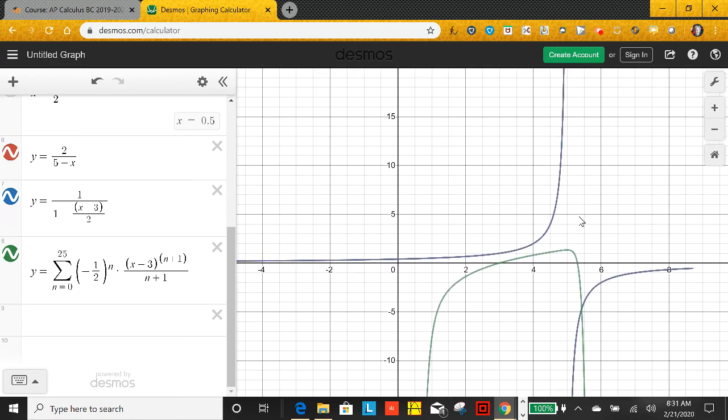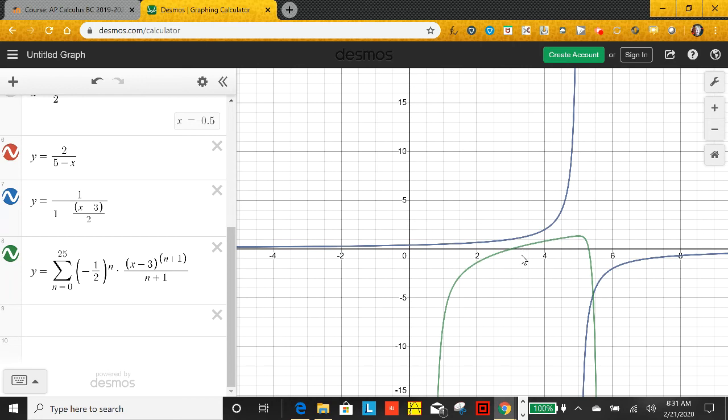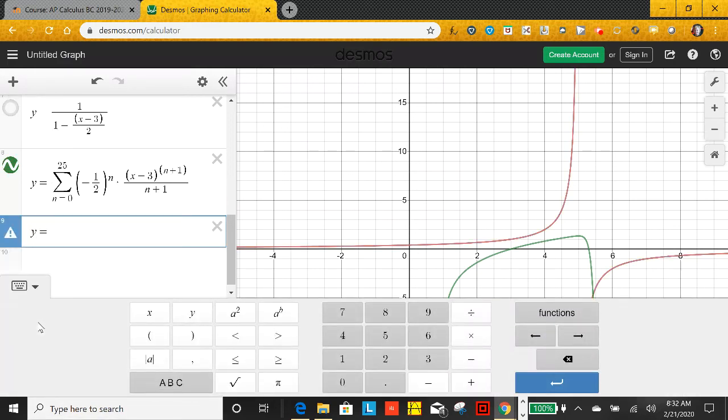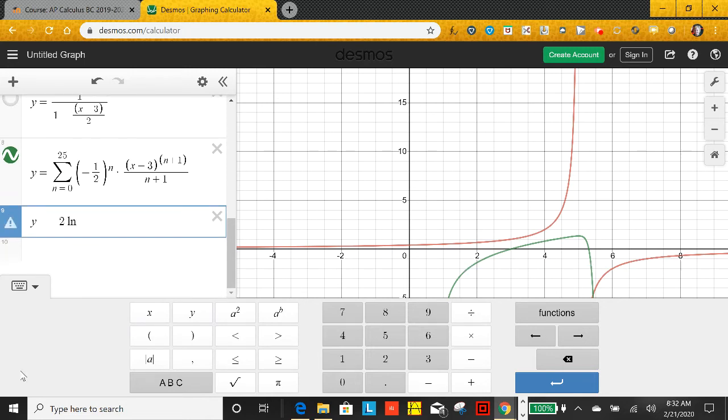Now, you notice that I'm a little bit off here. Oh, I know why. I got to take the antiderivative, which I did, which is y equals negative 2 natural log of the absolute value of 5 minus x.